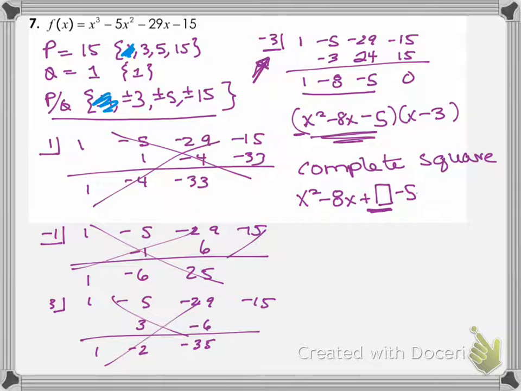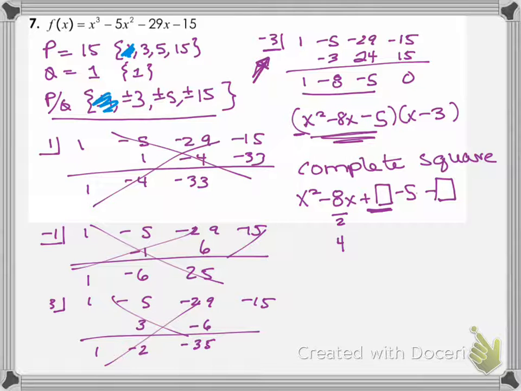I'm just going to add something and take it right away over here, but this part's going to be a perfect square. So how do I remember how to complete the square? You divide this one by 2. So that's 4.